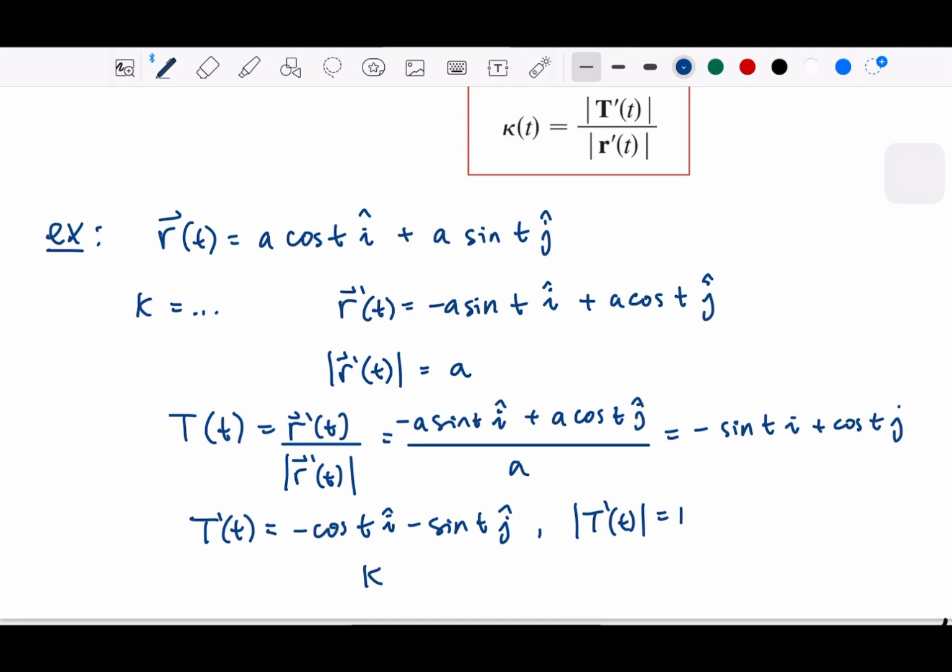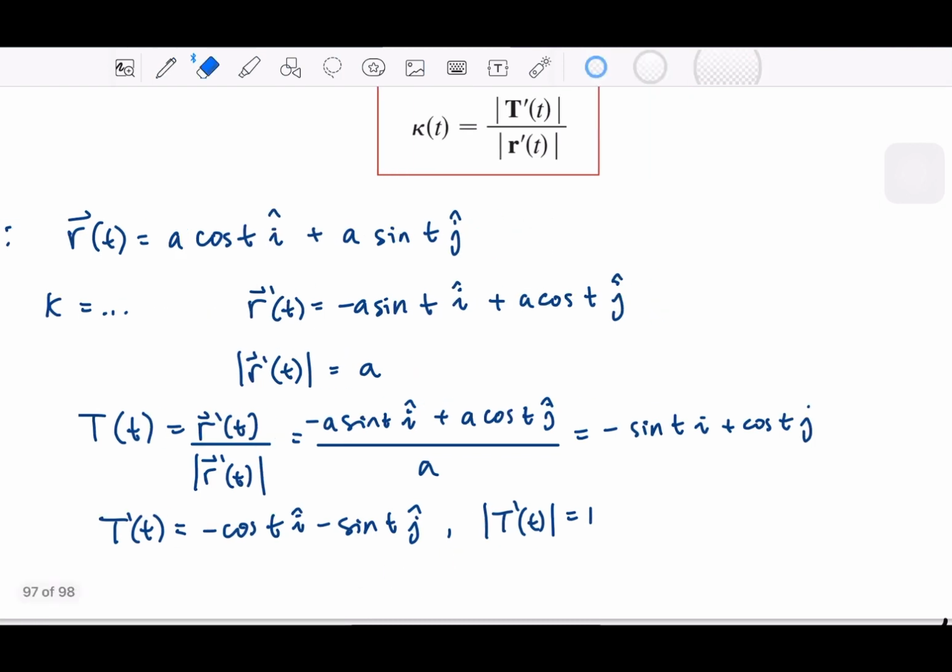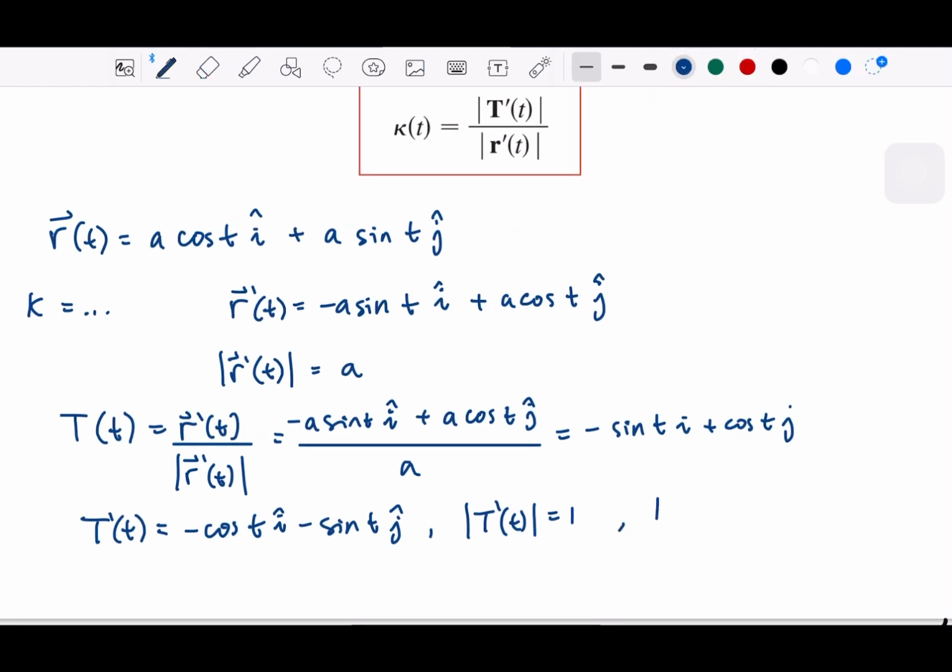So take the curvature. Maybe let me write here. So the curvature is the magnitude of the derivative of the unit tangent vector divided by the magnitude of r prime. So this will be 1 over a.